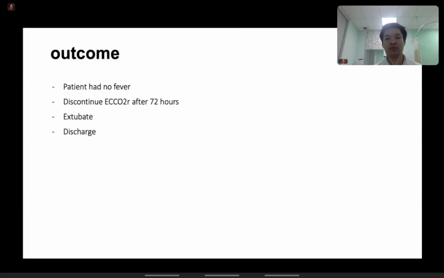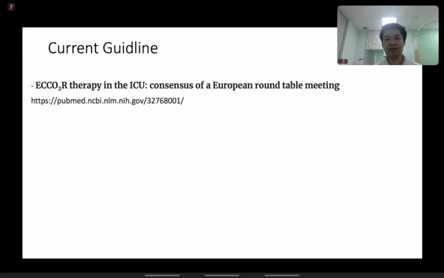Then he was extubated and discharged after. The current guideline I used for my presentation is the consensus of a European roundtable meeting.